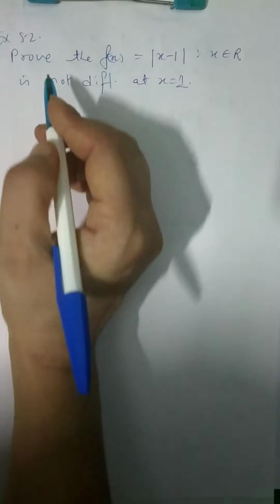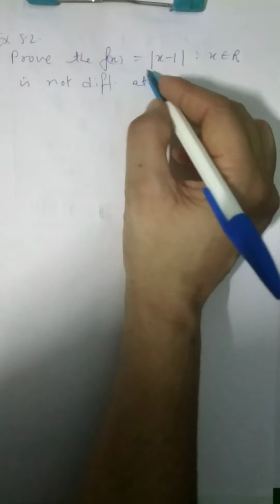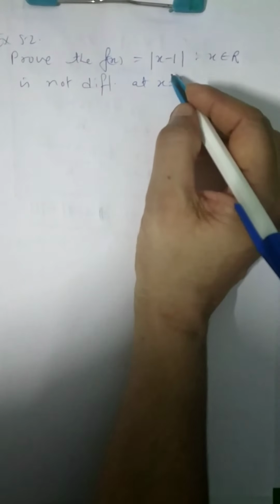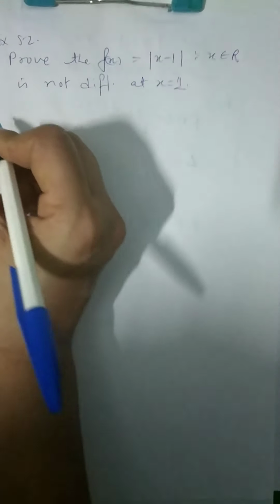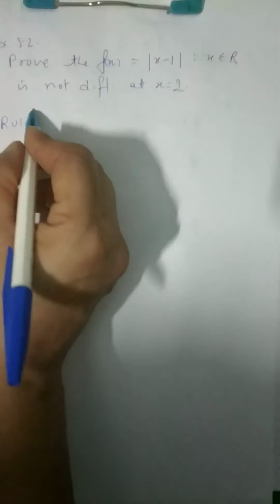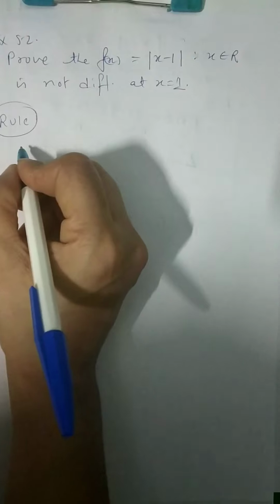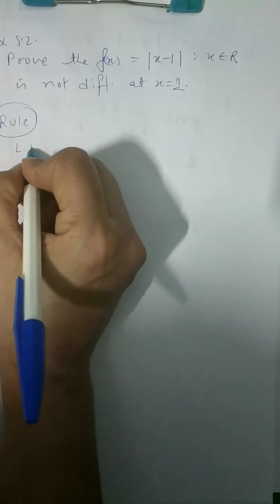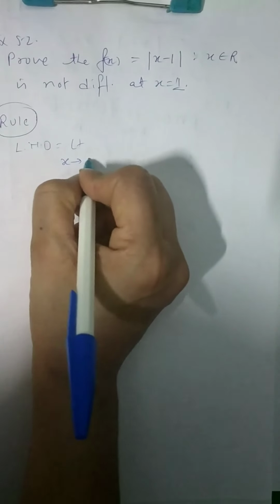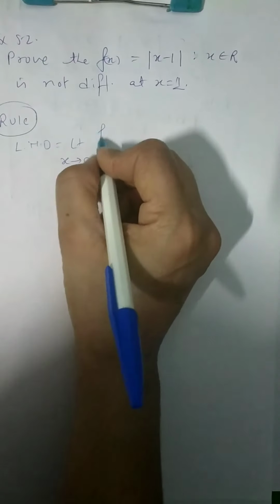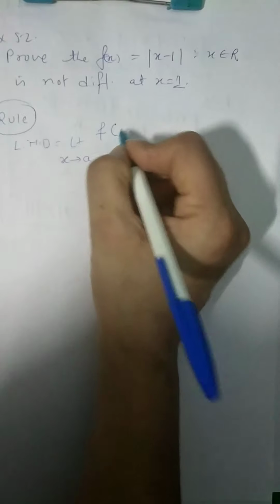In this type of question, where there is a mod sign or a box sign, that is the greatest integer function, to check the condition of differentiability we have a special rule. For the left hand derivative, as x approaches a, we always write (f(x) - f(a)) / (x - a).